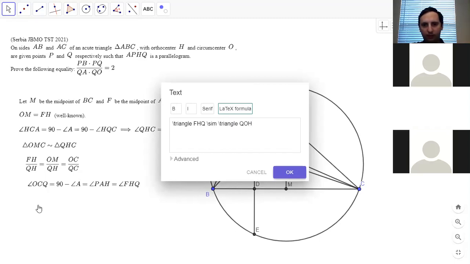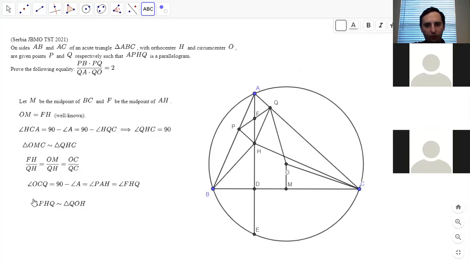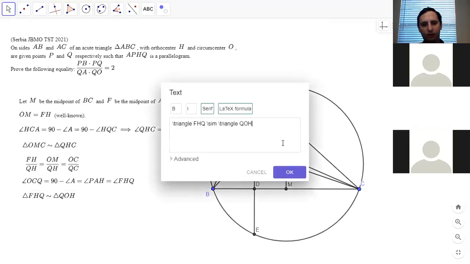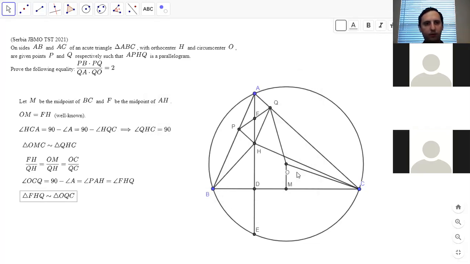Actually, is this similarity enough? So since FHQ is similar to QOC, sorry, or OQC. And then are the ratios enough?